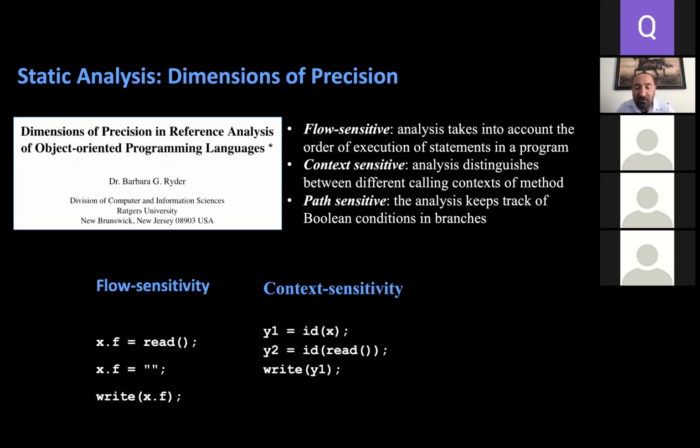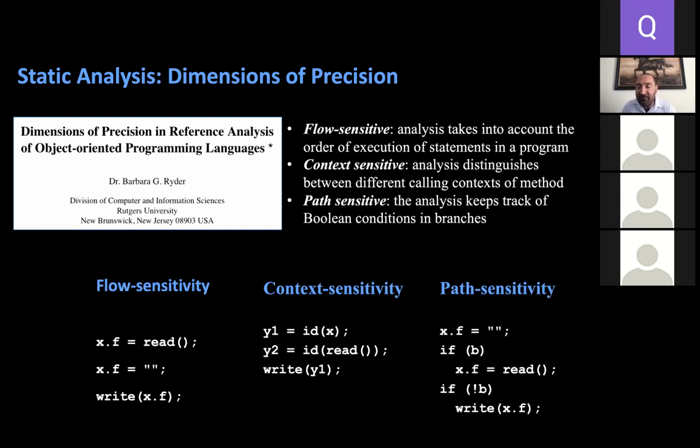Now, an analysis that is context insensitive will conservatively mark the return value of ID as confidential. And for this reason, the third instruction will be reported as a potential problem.